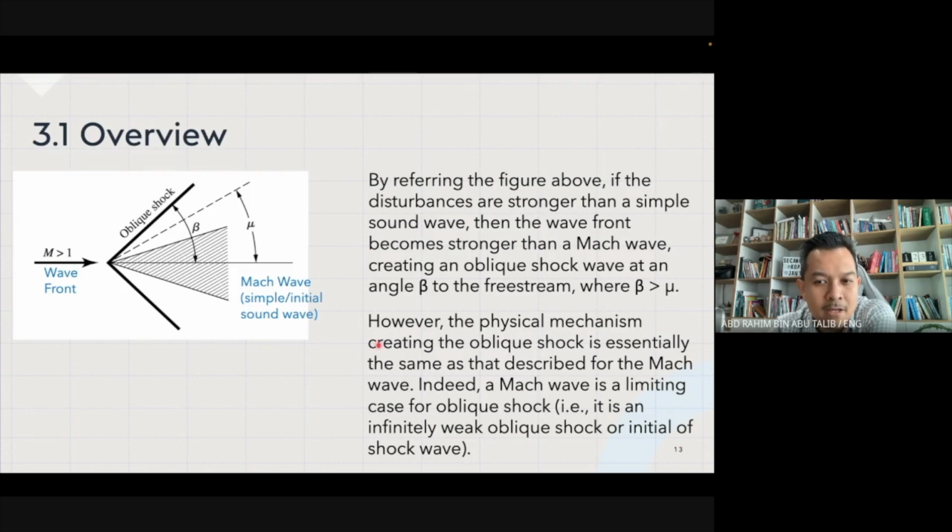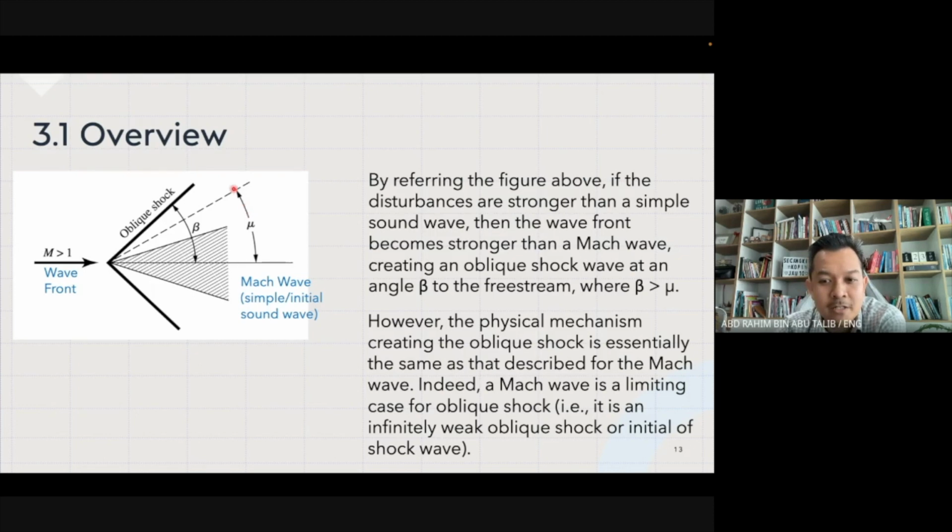However, the physical mechanism creating the oblique shock is essentially the same as what was described for the Mach wave. Indeed, a Mach wave is a limiting case for oblique shock. So it is an infinitely weak oblique shock, or initial shock wave. So basically, the Mach angle is the minimum oblique shock angle.